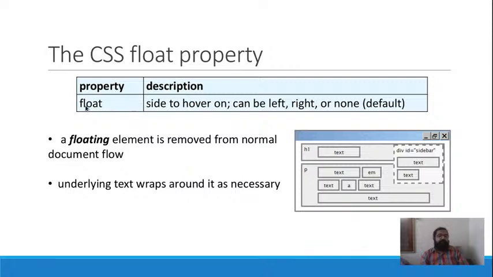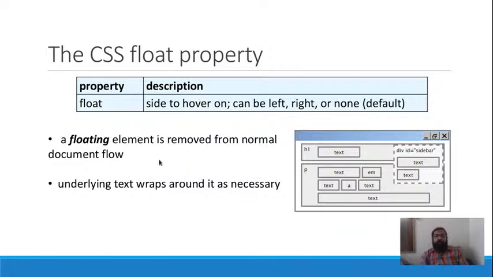Okay, so you can actually use the CSS float property. You need to mention the side to float on, which can be left or right, meaning where the particular floating element would be hovering. The floating element is removed from the normal document flow. In the normal document flow, as we have seen in today's recap session, there can be multiple block elements and multiple inline elements.